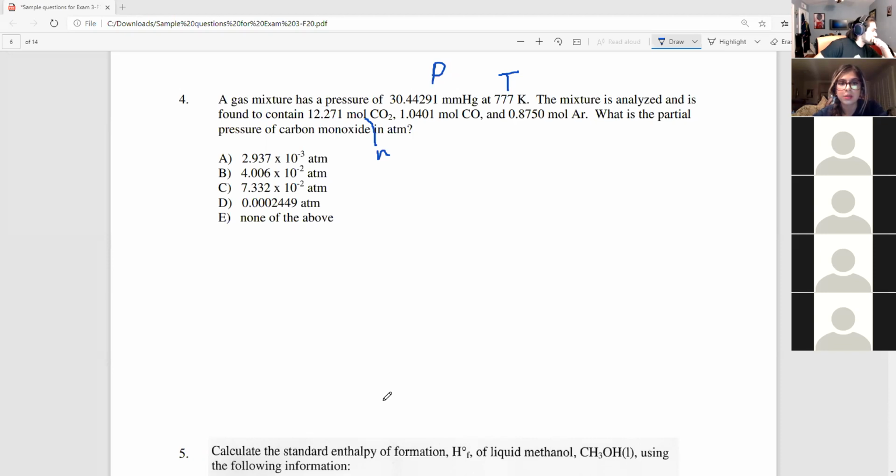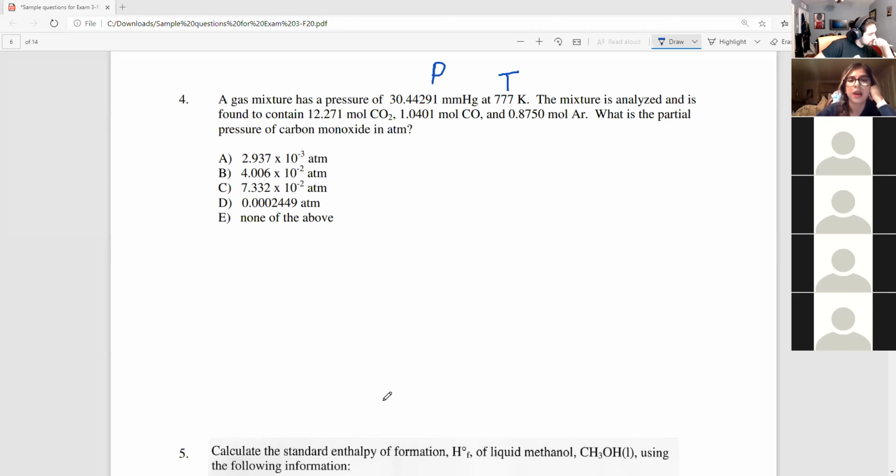What is the partial pressure of carbon monoxide in atmospheres? Okay, so it's asking for the partial pressure of carbon monoxide. How do we find partial pressure?